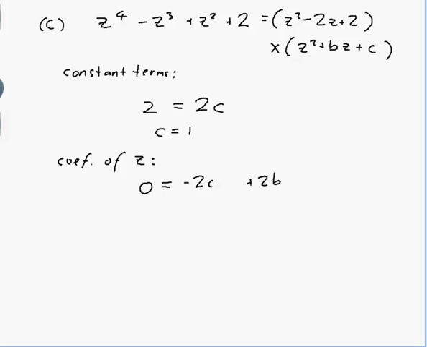So that's good. Now c is really 1. So let's see, 2c is equal to 2b. So c is equal to b, but c is really 1, so b is 1.